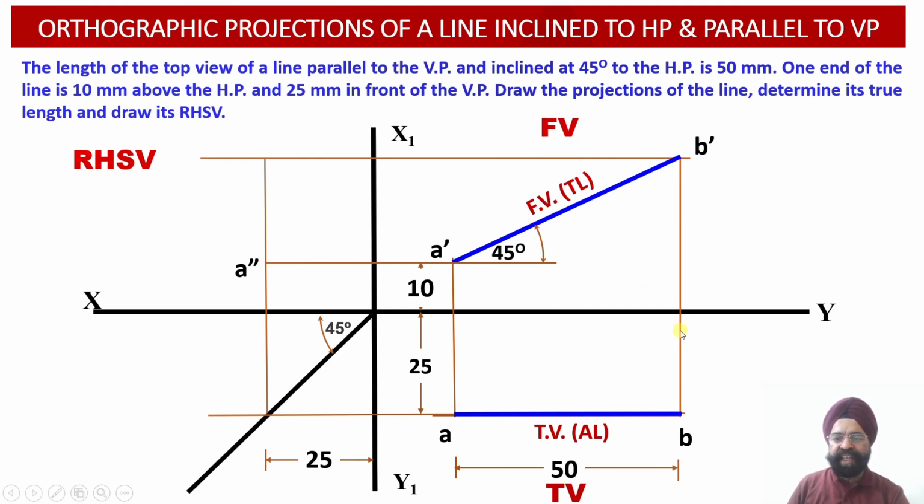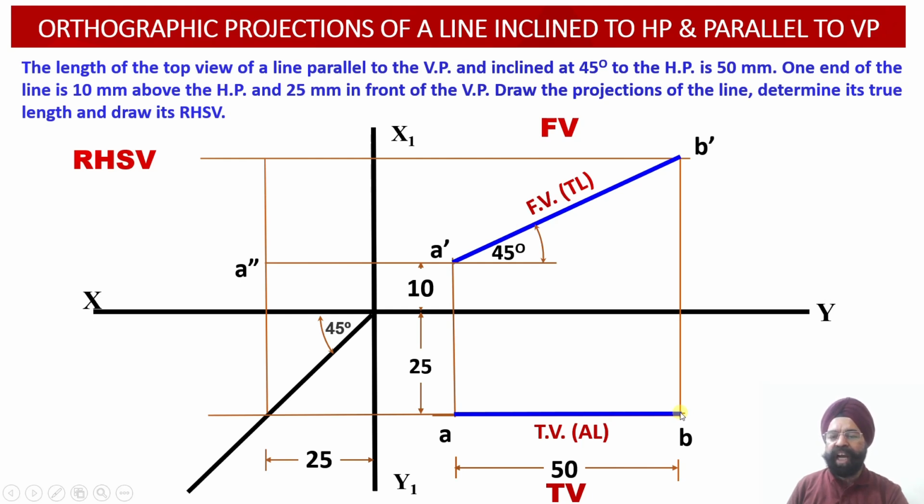So what is the distance of point B from the vertical plane in the top view? This distance again happens to be 25 millimeter. Why? Because this plan projection view happens to be parallel to the vertical plane. So point B will be located at a distance of 25 millimeter from the vertical plane. This is the representation of 25 millimeter in front of the vertical plane in the top view.